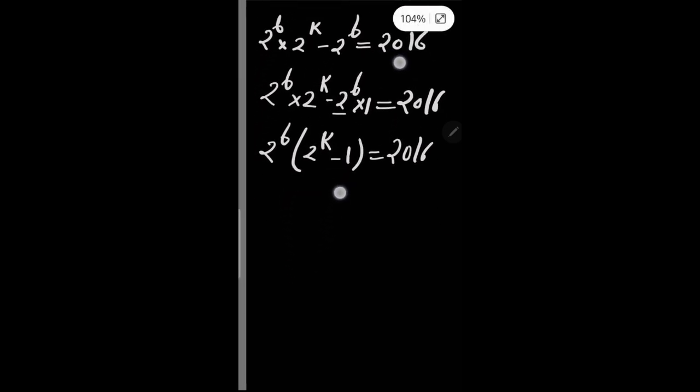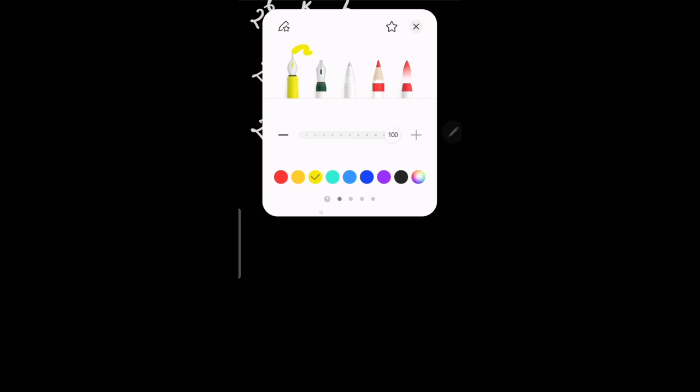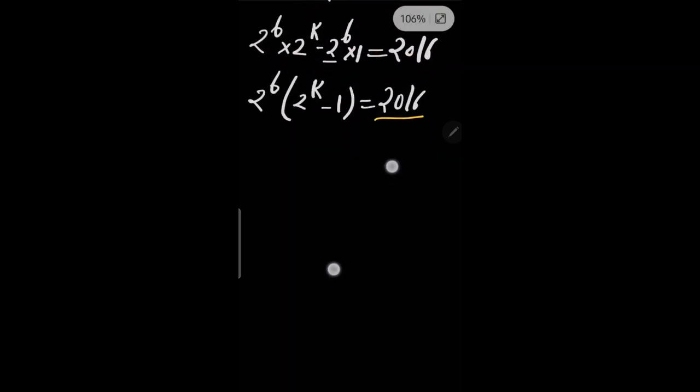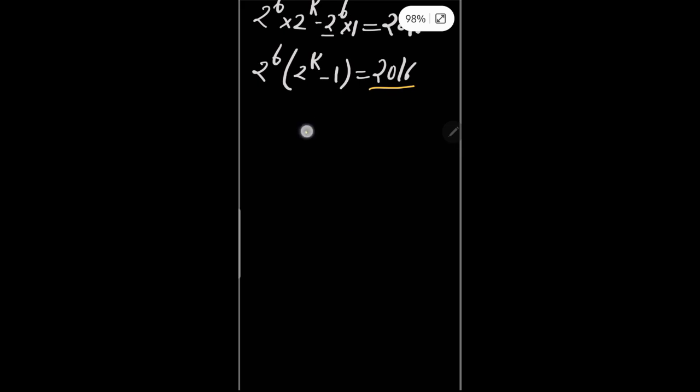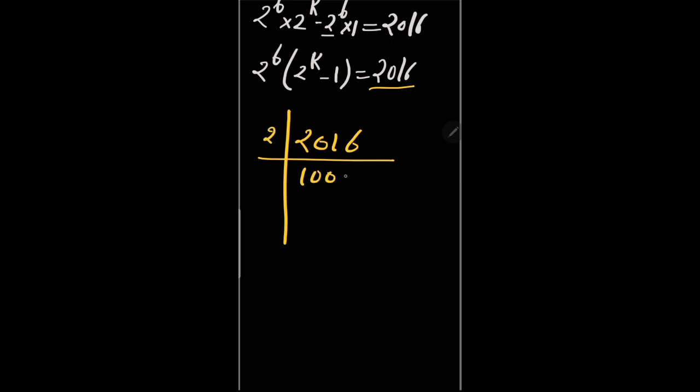This is also very important. Now the important part is to find the prime factors of 2016. So 2016 is an even number; divided by 2, it gives 1008. Then divide by 2, so 504.